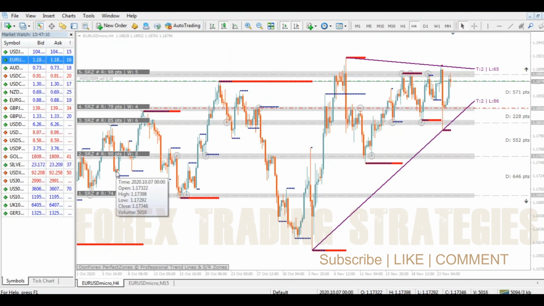You might see a setup like this with my broker, you go to the next broker, there's something totally different. Brokers usually use different candles. That's why some people love using TradingView because it's more reliable. But yeah, you have to just tweak this main indicator, the perfect zones indicator, to suit your broker.